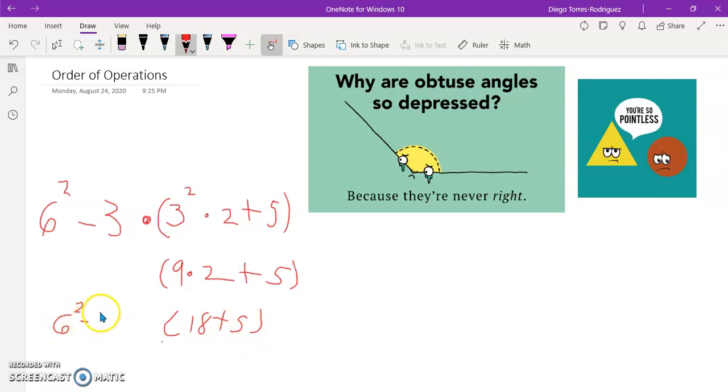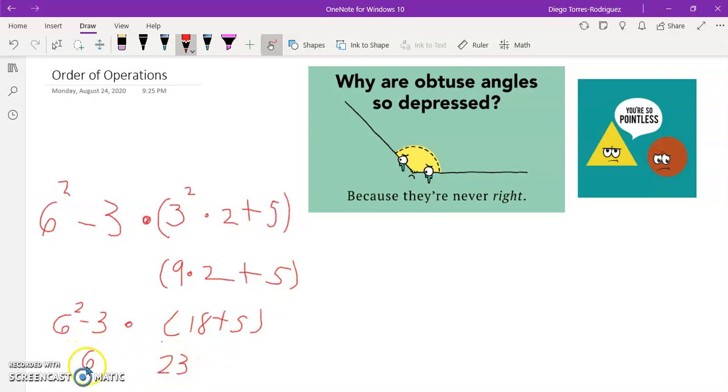Same thing, apply the PEMDAS rule. Parentheses go first. No exponent, no multiplication, no division. So we'll go straight into the adding, which is 18 plus 5, which would be 23.